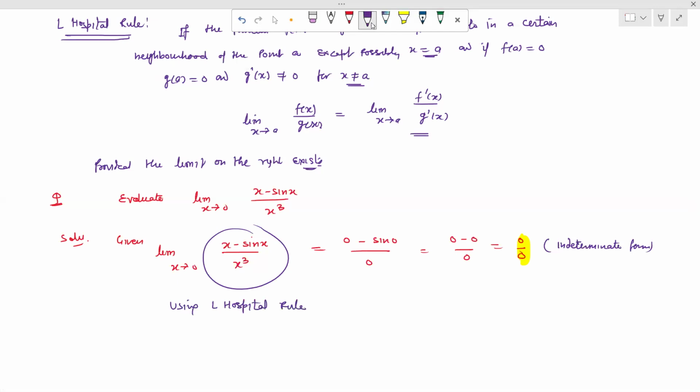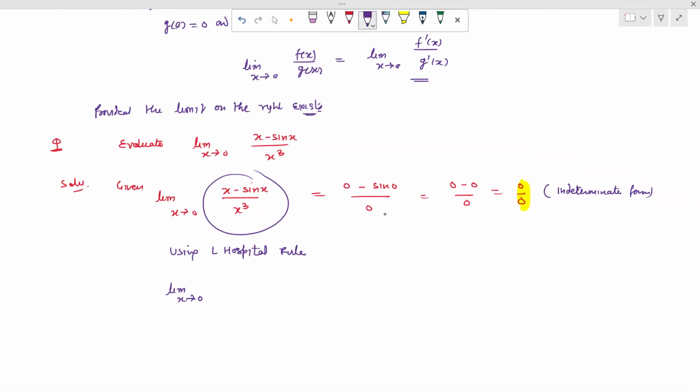By using the L'Hospital rule, you differentiate numerator and denominator. So x minus sine x: the differentiation of x with respect to x is 1, sine x differentiation is cos x, and x cube differentiation is 3x square. Again we apply the limits: 1 minus cos 0 upon 3 into 0.